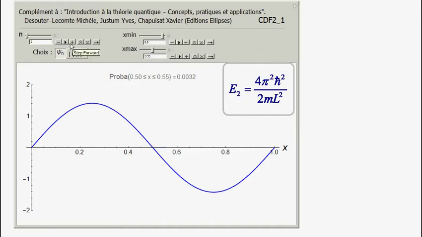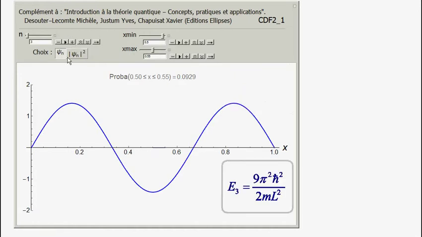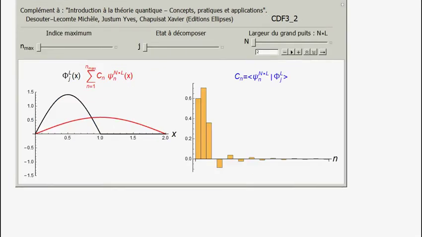If it is in level n equals 3, the energy will be 9 times higher. So, for every eigenstate, which are also called stationary states, the measurement of the energy gives the eigenenergy with a probability of 1.